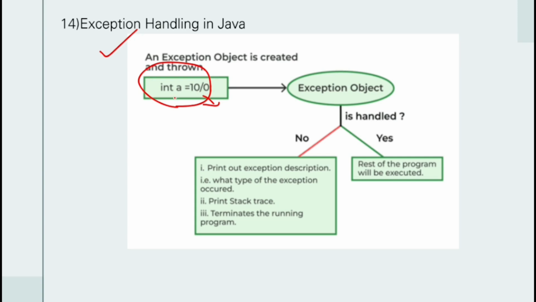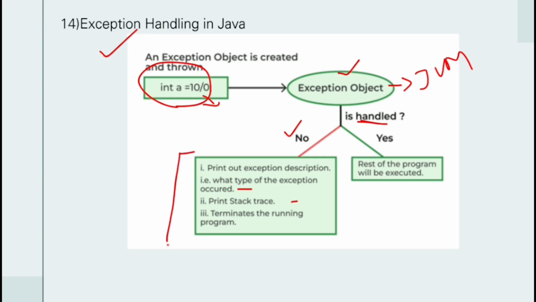So basically if an exception is happening here, then one exception object will be created. The VM will check whether it is handled by the developer or not. If it is not handled, then it prints out the exception description, what type of exception occurred, prints the stack trace, and terminates the running program.